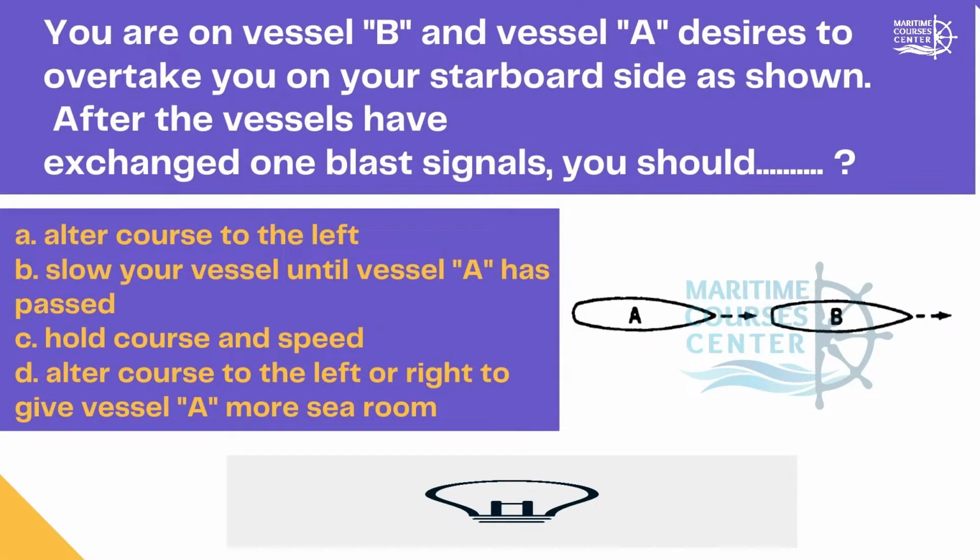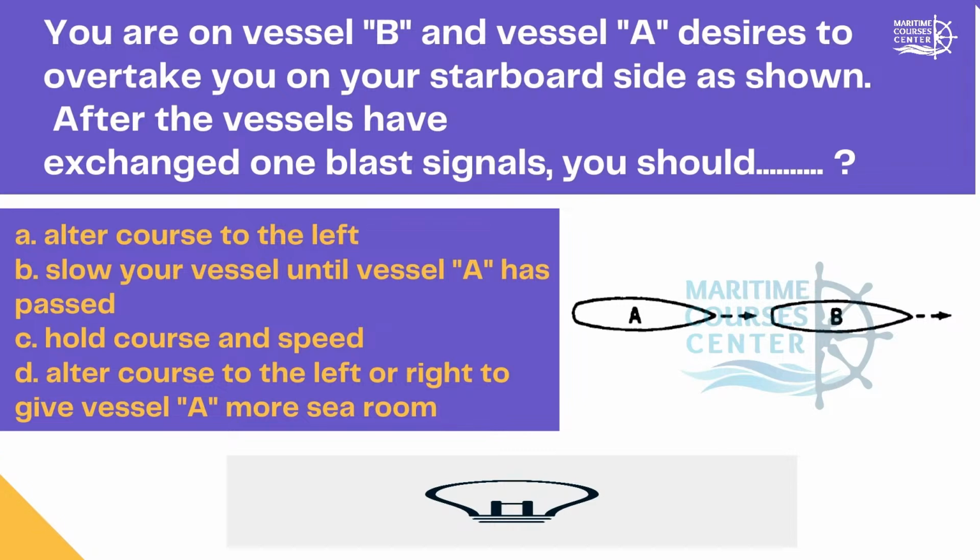Today we're going to have a quiz, number 4. You are on vessel B and vessel A desires to overtake you on your starboard side as shown in the picture. After the vessels have exchanged one blast signal, you should, as you can see here, we have in this picture 2 ships, ship A and ship B, and we want to choose the right answer.